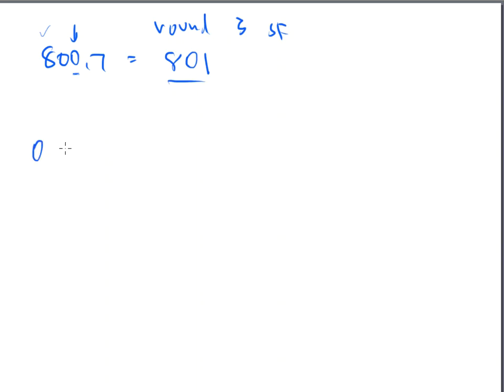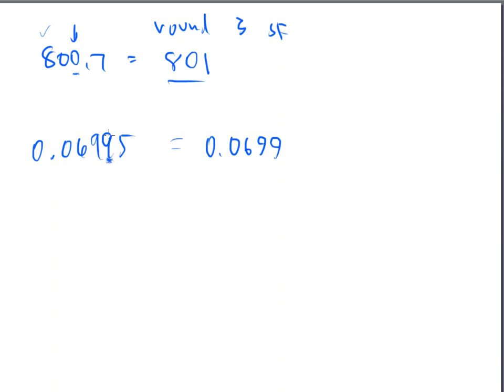So let's say that they give me a decimal number, 0.06995, and it says round this to 3 significant figures. All right, that's not a big deal. The leading zeros don't count. There is the first digit, there's the second digit, and there's the third digit. So that means I need to round it at that spot.